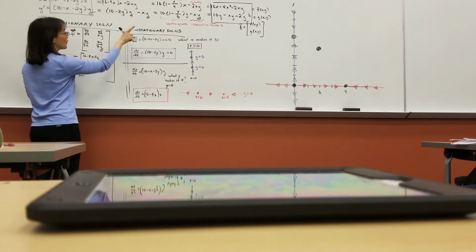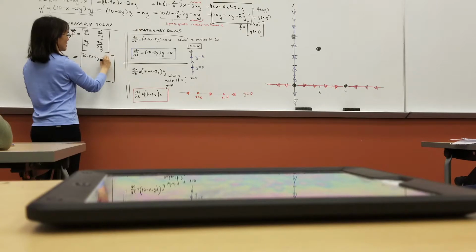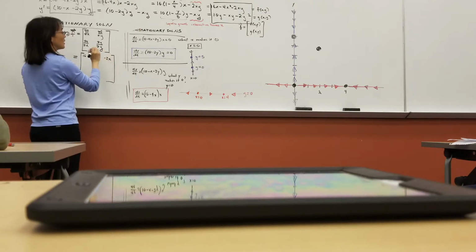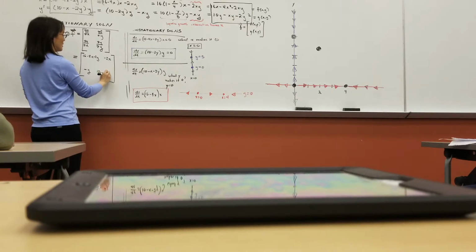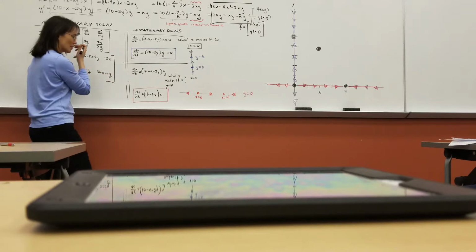And derivative of f with respect to y? Good. Derivative of g with respect to x? Derivative of g with respect to y? Good, thank you. Okay, there we go.